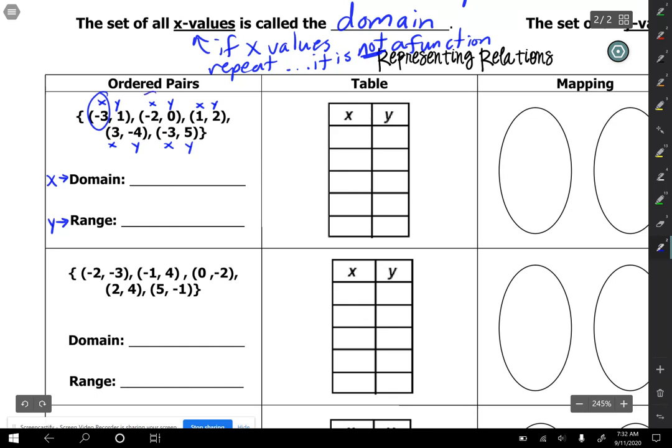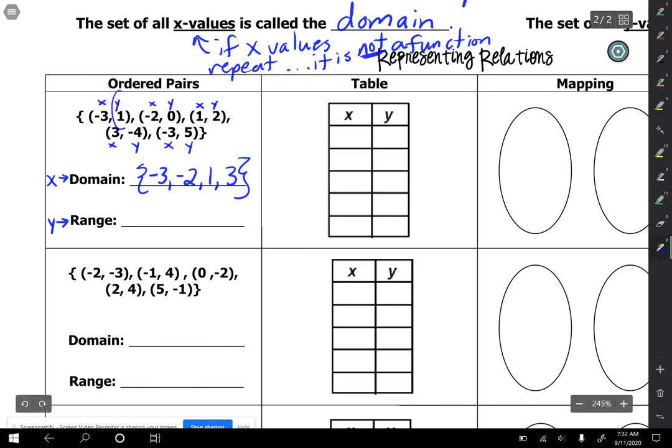So for the domain, I just need to list all of these x values. Okay? And it looks better when we list them from least to greatest. Okay? Notice that I didn't write this -3 because it's already right here in the list anyways. So if you have it happening more than once, you do not have to write it again. Okay? So that takes care of my domain.